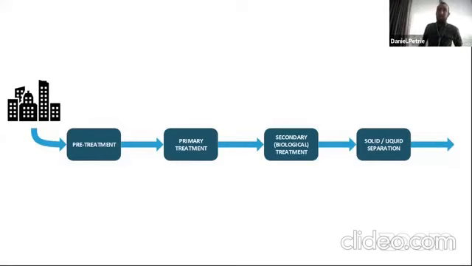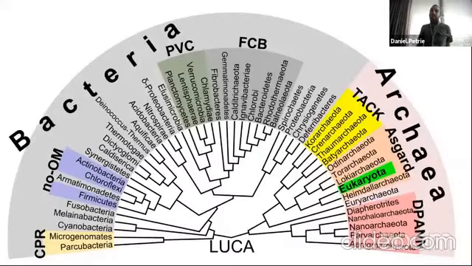So the idea in the biological treatment is to use microbes. And this is a great diagram. This is kind of our family tree of the whole known living world. So in the middle, we have the last common ancestor, the last single common ancestor, and we believe that all of these different life forms were descended from them. And we're the green one over here, the Eukaryote.